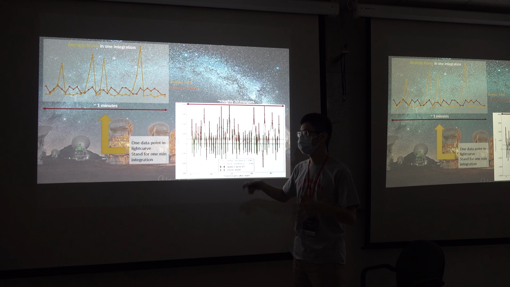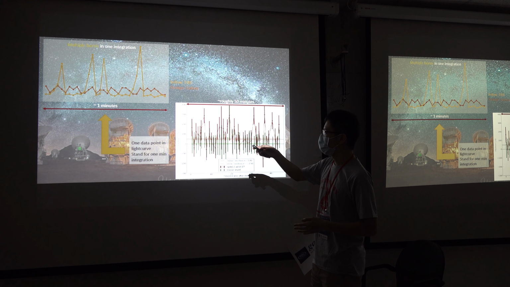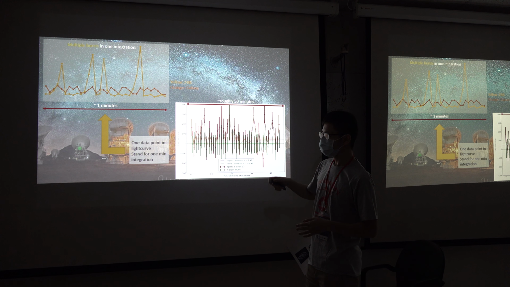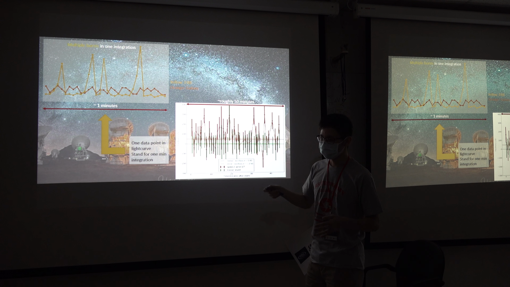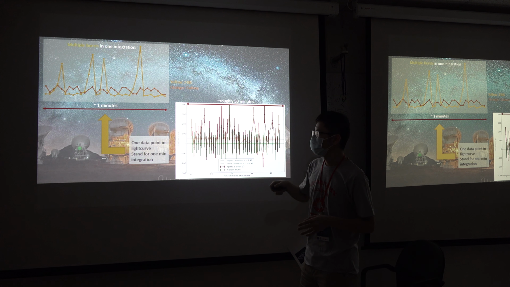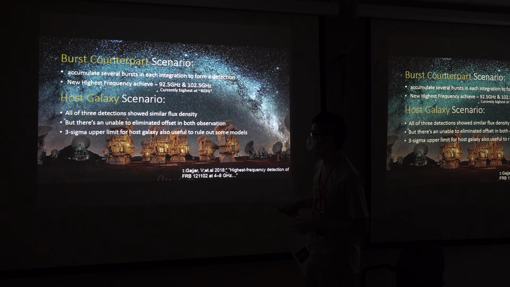I mean, in 1 minute, the FRB can generate 2 or 3 peaks. ALMA might not be able to detect a single burst, but with a lot of bursts accumulated, then ALMA can detect it.